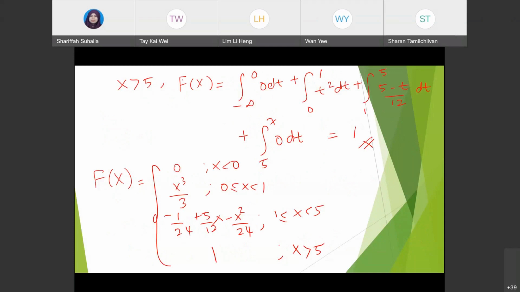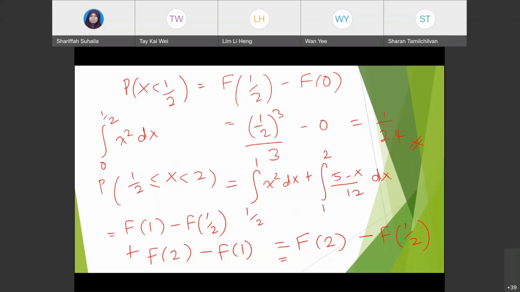So half cube over 3. Okay, again you check lah your probability. Kalau let's say double check cannot exceed 1. Okay, kalau lebih daripada 1 mungkin salah dari segi calculation tu. Okay, itu dia punya konsep eh. So either you can use your small fx, which is your probability density function, or you can use your capital F, your cumulative distribution function.